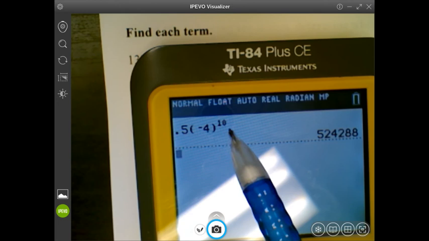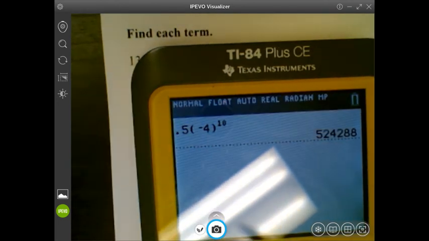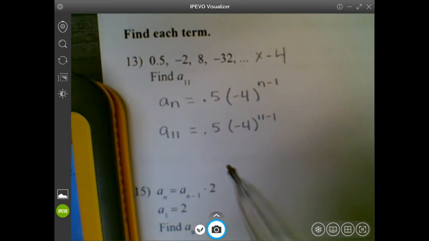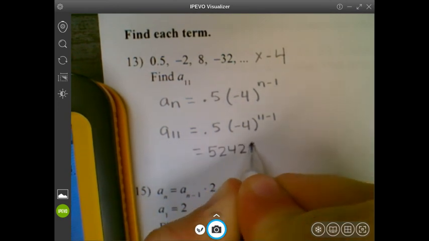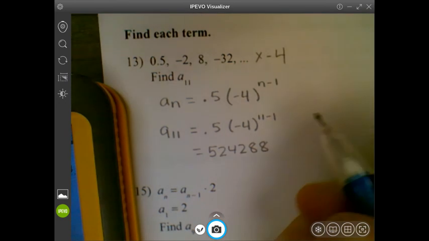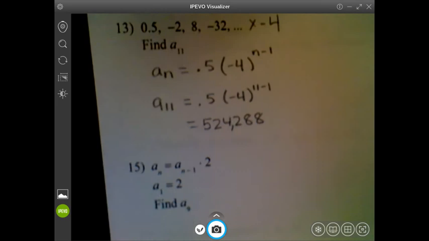The higher the term number with these exponentials, you would expect the number to get really big really fast, especially compared to your arithmetic. It's going to grow so much faster. So that term is 524,288.